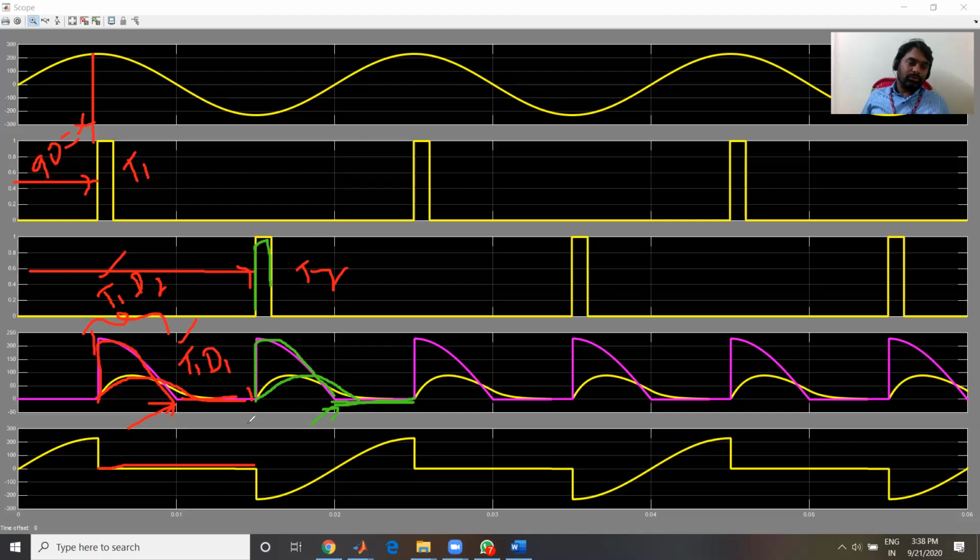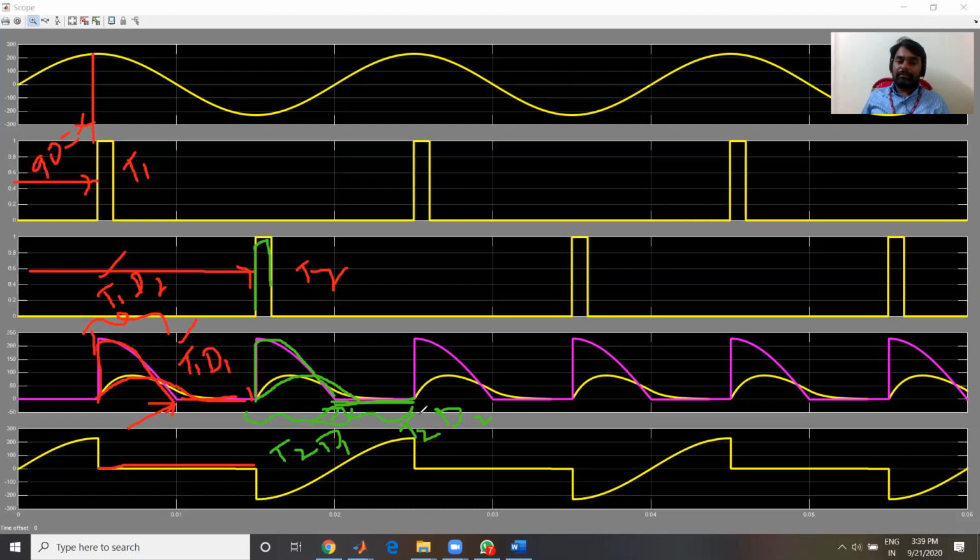This is because during this interval, T2 D1 is in conduction state, but after omega t equal to pi, T2 is already in conduction state because it is a controlled device. D1 automatically goes to the off state because it is an uncontrolled device. Whenever it is in reverse bias condition, it goes to the off state. Now T2 D2 will conduct and you will get zero voltage across the load. You just recall the circuit.